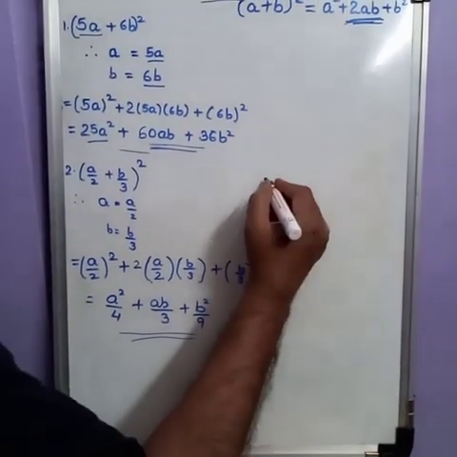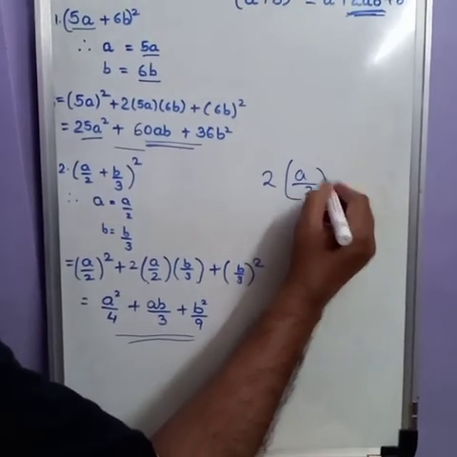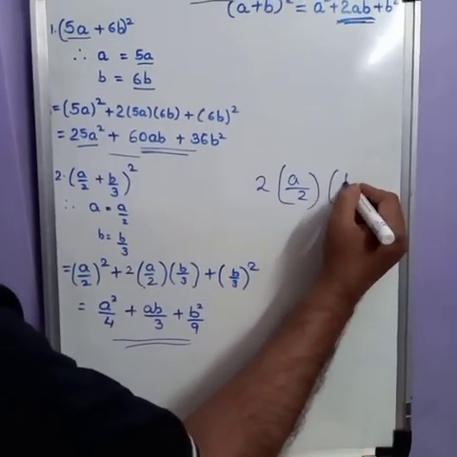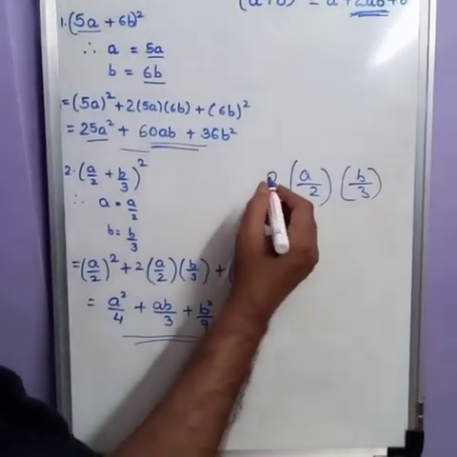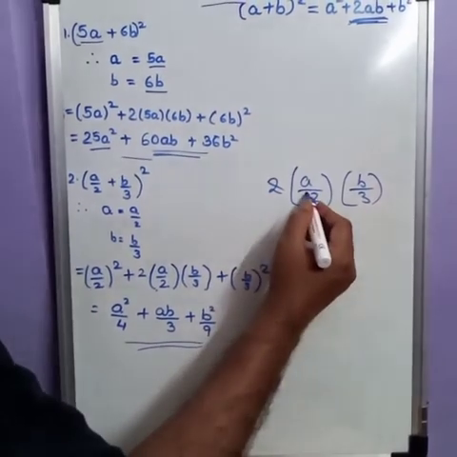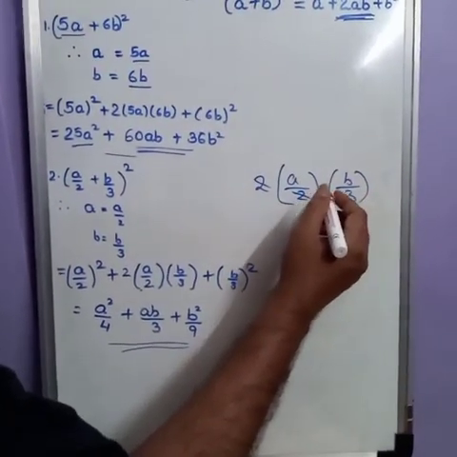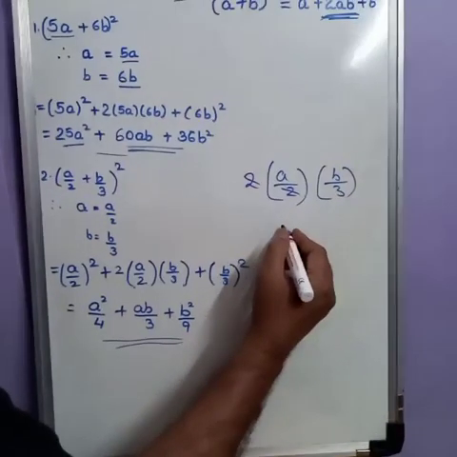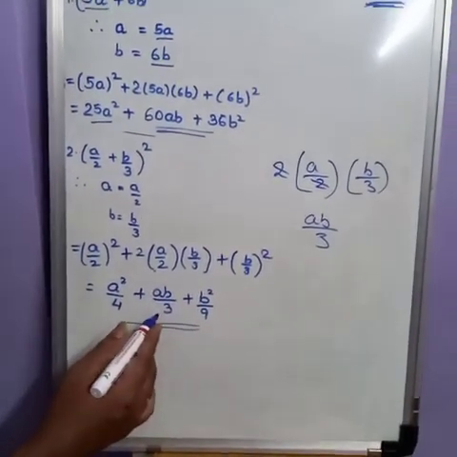That is 2 into a upon 2 and b upon 3. So here we can do one thing: 2 is cut. Now what's left? a into b upon 3. So ab upon 3.